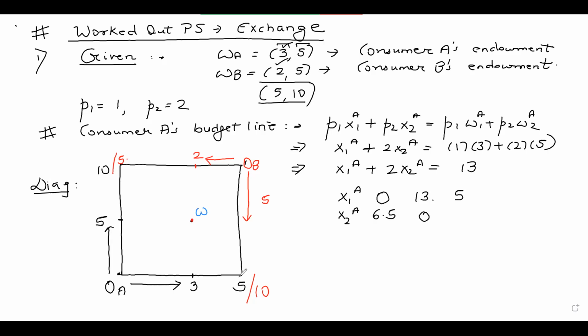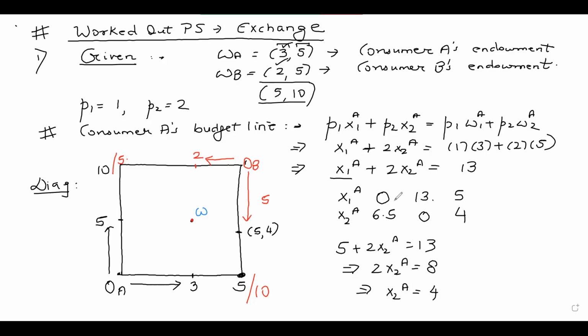If x1A is 5, then 5 plus 2x2A is 13, which implies 2x2A is 13 minus 5, 8. So x2A will be 8 by 2, which is 4. So 5, 4 from A's origin. And 0, 6.5 will be somewhere here, from A's origin.